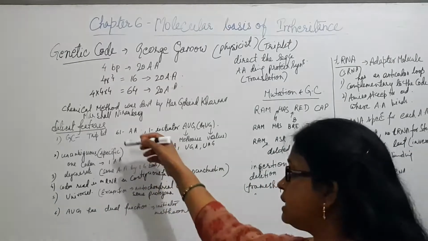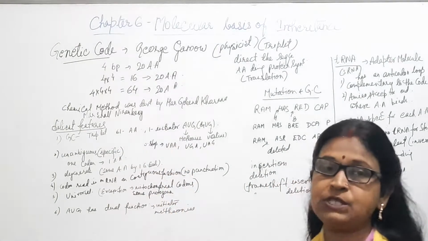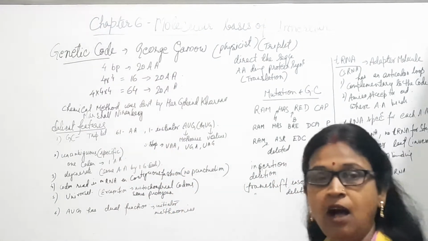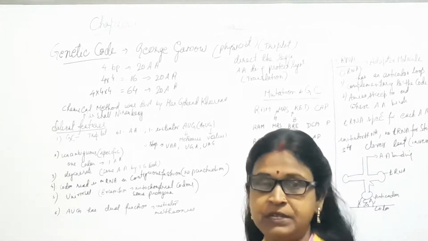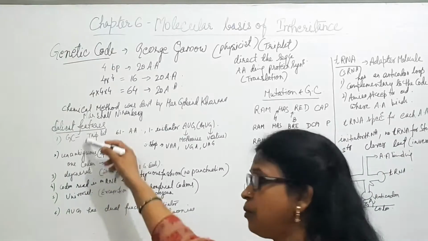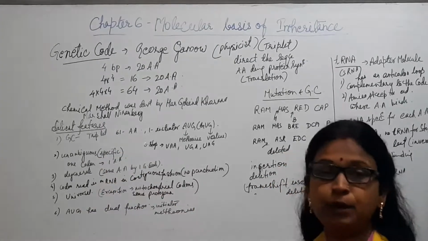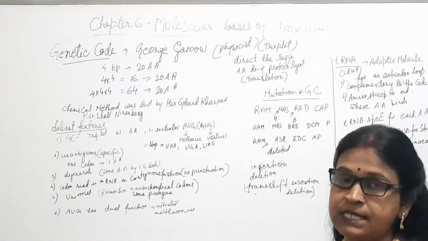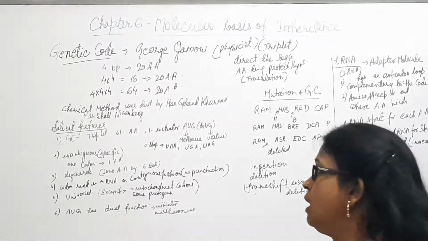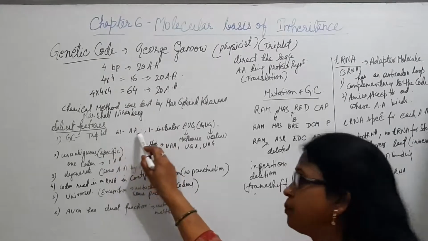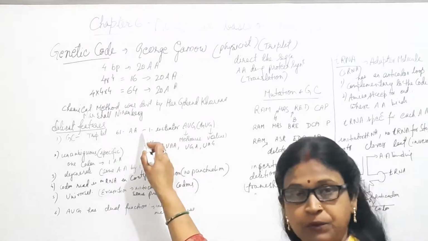Now there are some salient features of the genetic code. Which type of genetic code exactly, how it is working, for that 6 important salient features are there. First is the genetic code is triplet in nature, that we have already discussed. Out of that, 61 will code for amino acids.